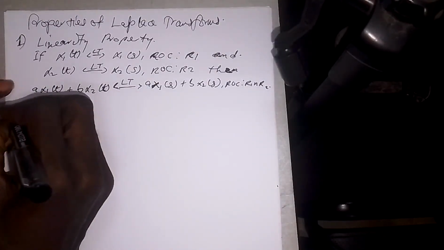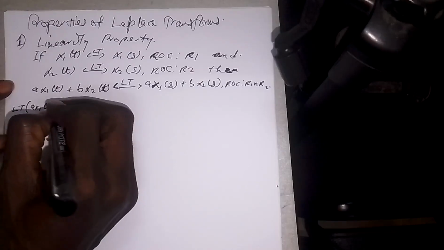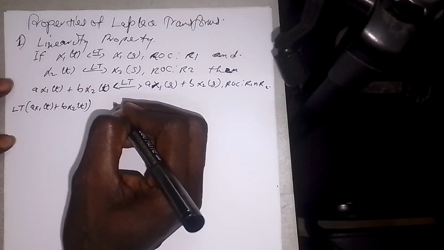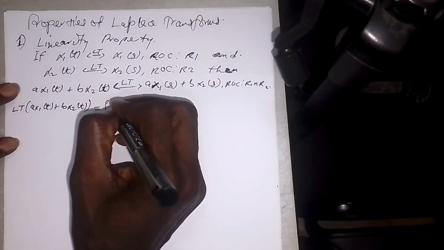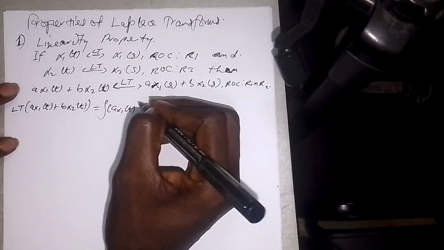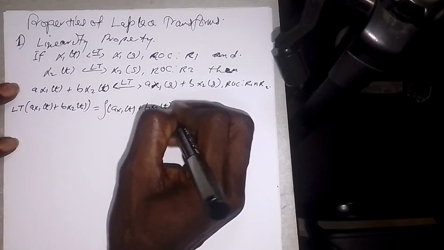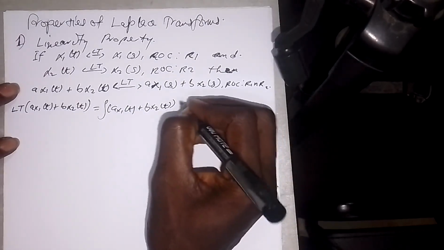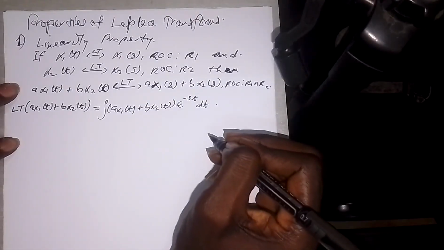The Laplace transform of a x1 of t plus b x2 of t is expected to be equal to the integral of a x1 of t plus b x2 of t, into e to the minus st dt.